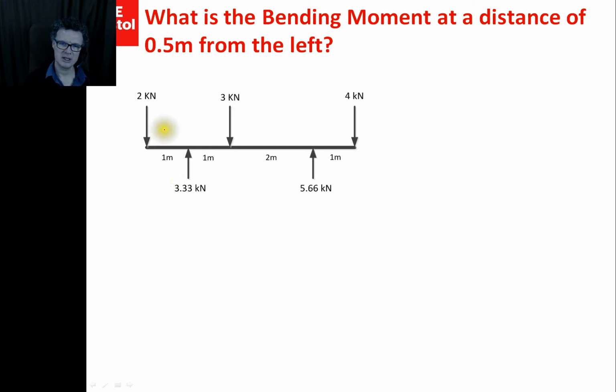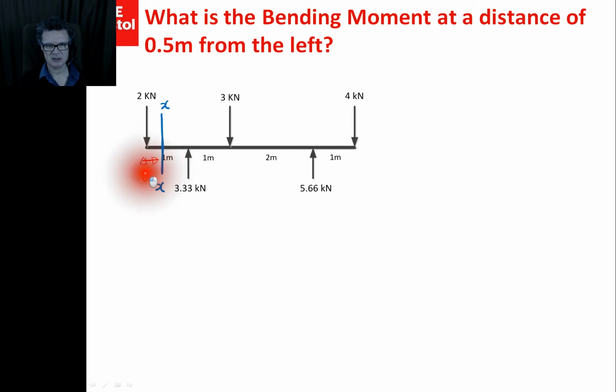Now then, let's see if you can find what the bending moment we need to plot if we're at position 0.5 meters from the left. Pause the video if you like and work it out, and then carry on. So pause now. So the first thing you want to do is put a rough line there, measure this distance.